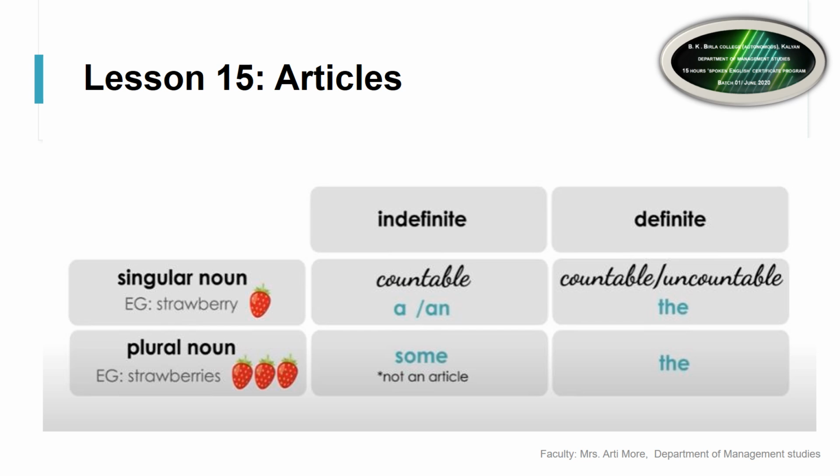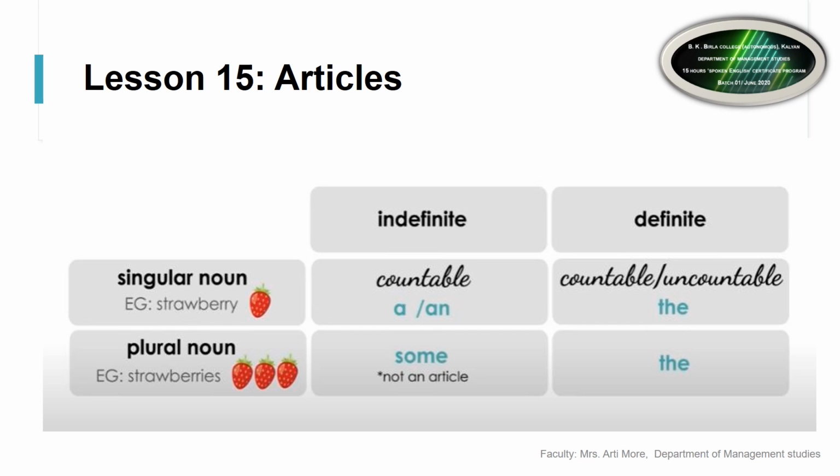When a noun is plural, so when there is more than one of that noun, the definite article the can be used. And though we can't use the indefinite singular article a or an, we can use some, S-O-M-E, when things are not being specific.